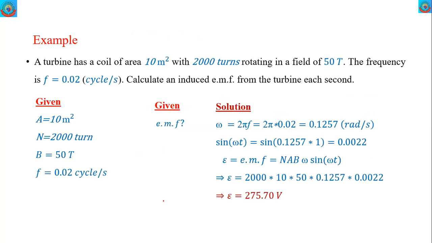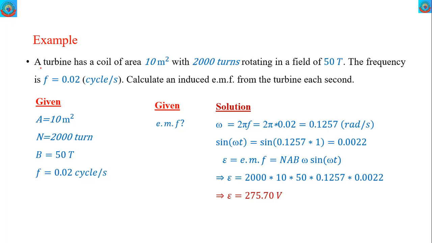Now let's take a simple example of this. A turbine has a coil of area 10 meters square. Look, we have a turbine. We are familiar with how electric power is produced from hydroelectric power.